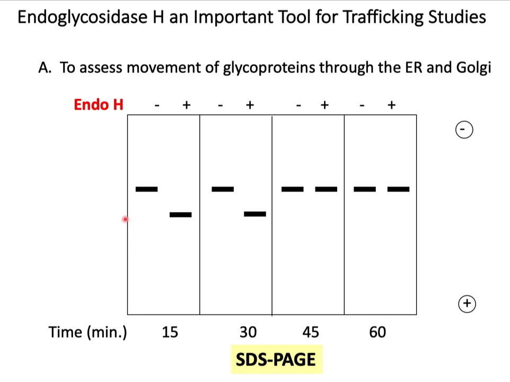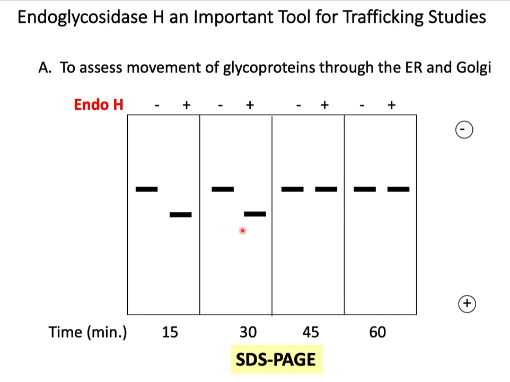In this example, at 15 minutes, your protein is still sensitive to endoglycosidase H. At 15 minutes, the left lane shows the size of your protein in the absence of endoglycosidase H. On the right lane, the band has traveled farther on your gel in the presence of endoglycosidase H. It is smaller, so it suggests that endoglycosidase H was able to remove the glycan structures attached to it, and it reduced its molecular weight. So it has traveled farther on the gel.